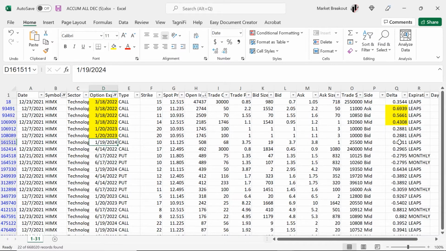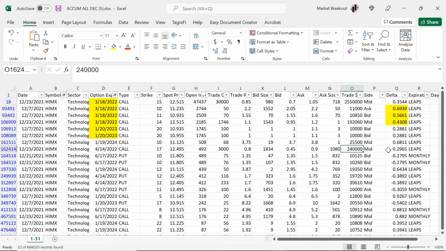Somebody doesn't want to take risk. This is not bad, like 240,000, call 70 low delta. March 192,000.